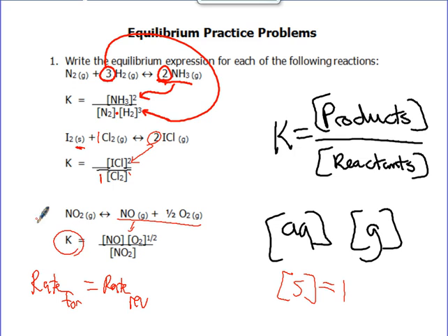K stands for constant. Because that value is a constant, it should not change. It doesn't change if you add more moles, because if you add more moles of something, the reaction would no longer be in balance. So if you added more oxygen to this, it wouldn't be at equilibrium. The reaction would go faster in reverse until it got back to K.